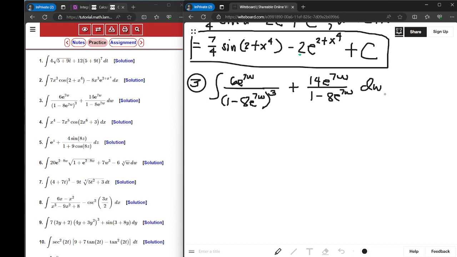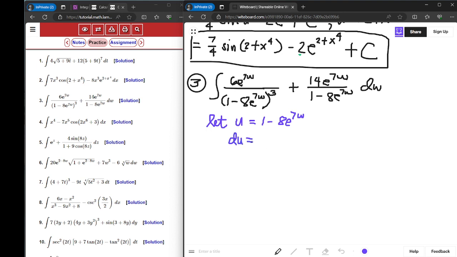I think we have a hint here that the one that we will be letting as u is this, that's 1 minus 8e to the 7w. So let's let u be equal to 1 minus 8 e to the 7w, then we'll get du.